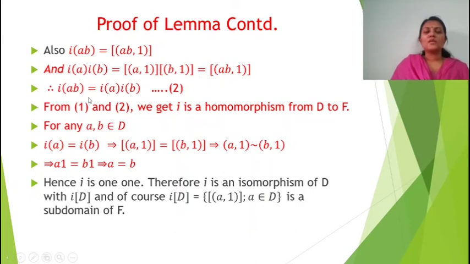Therefore i(ab) = i(a)·i(b). From 1 and 2 we get that i is a homomorphism from D to F.